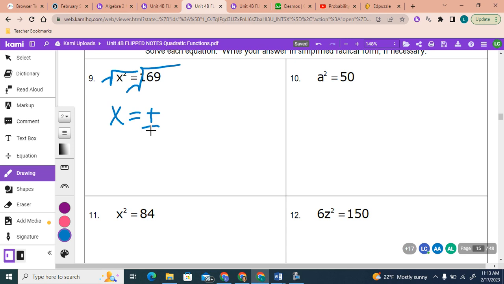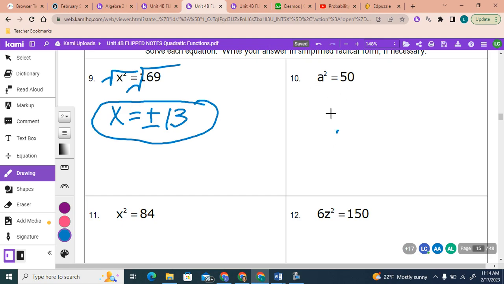Is 169 a perfect square? Yeah, what is it? 13. Look, some of you were so ready to just be like, no. It is. Yay. And this problem makes sense, right? 13 squared is 169, and so is negative 13.